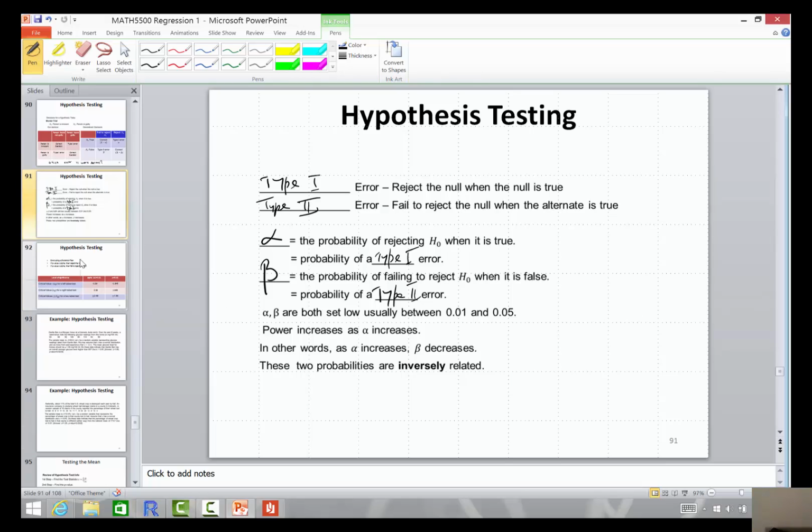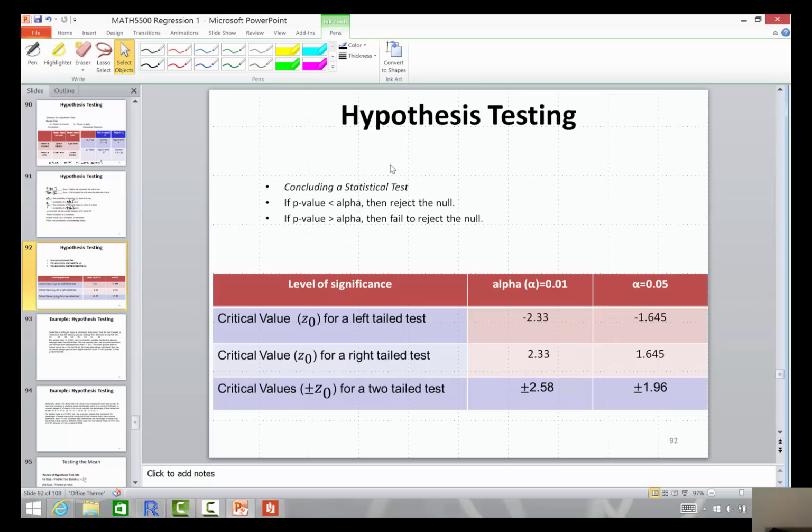Now, in hypothesis testing, one is the critical value method, one is the p-value method. If the p-value is smaller than alpha, we reject the null hypothesis. If the p-value is greater than alpha, we fail to reject the null hypothesis.